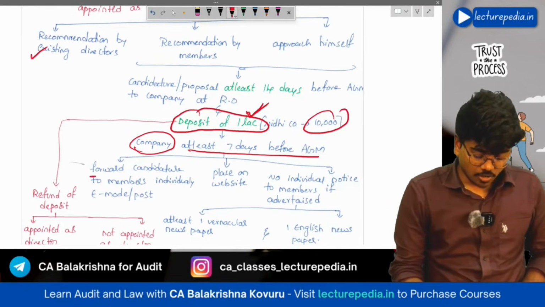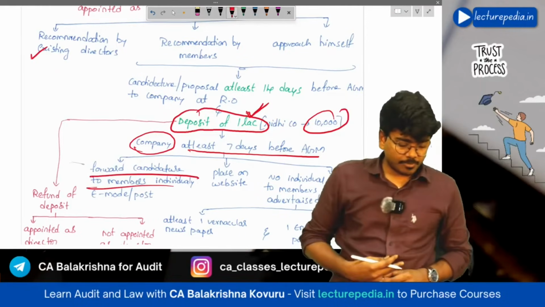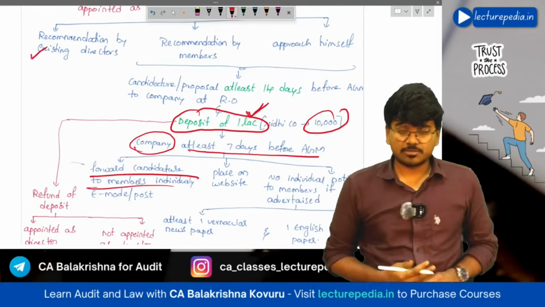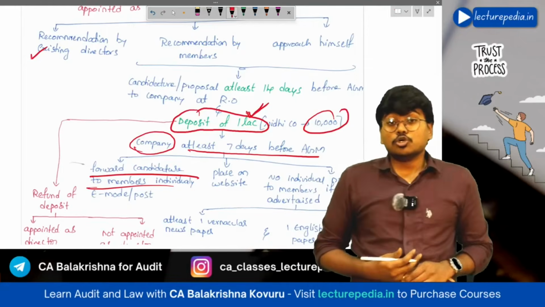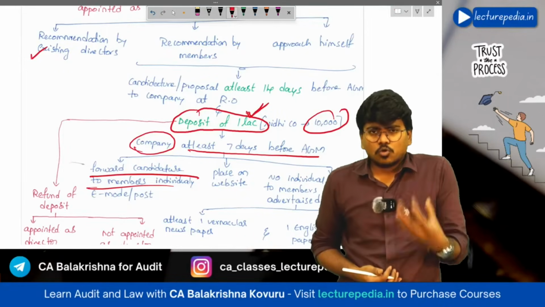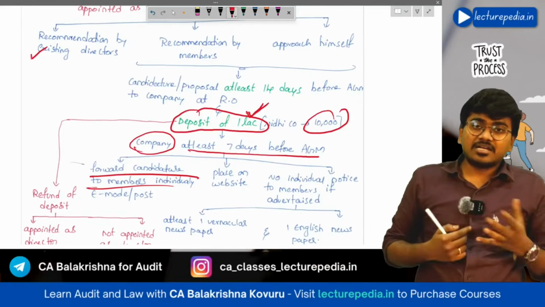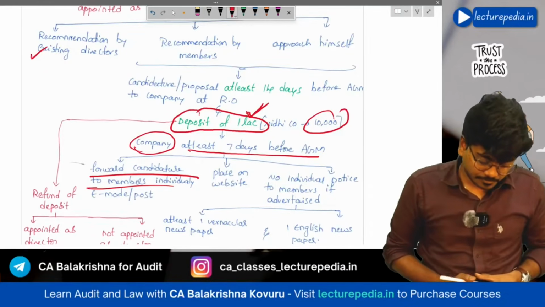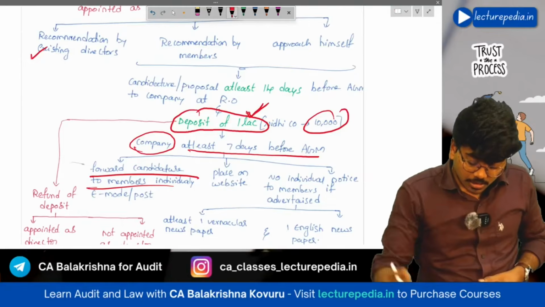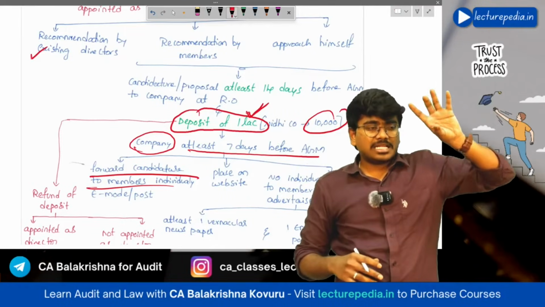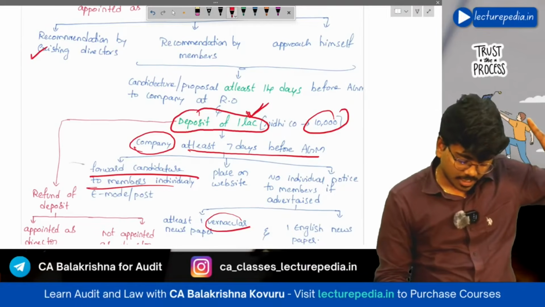Along with that, forward the candidature to members individually, either through email or through post. You should also advertise the candidature of this person in a newspaper, basically in at least one vernacular newspaper.